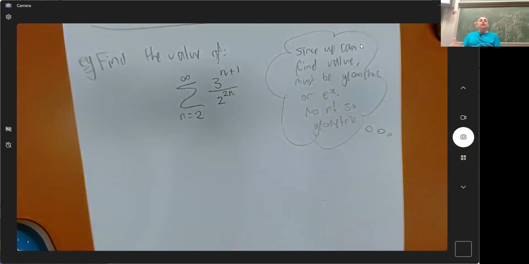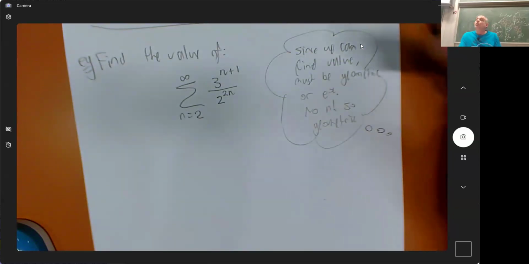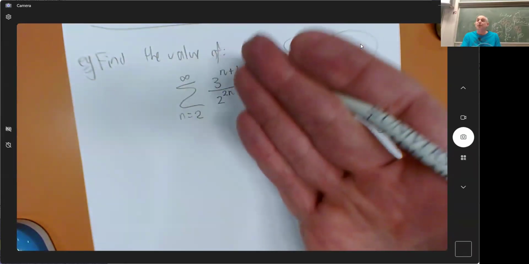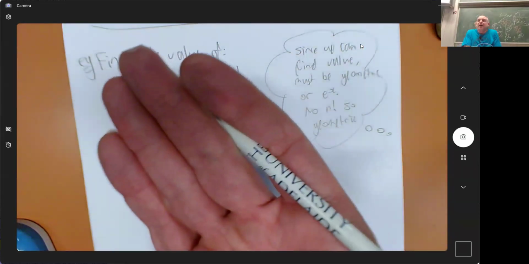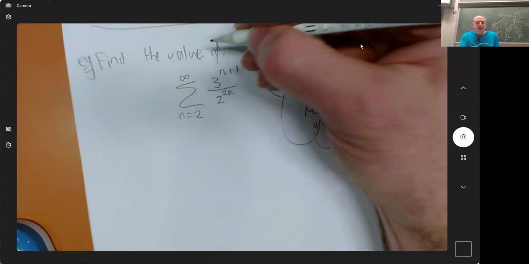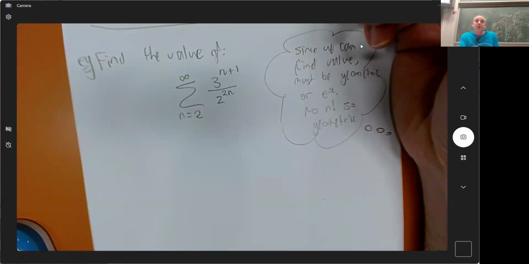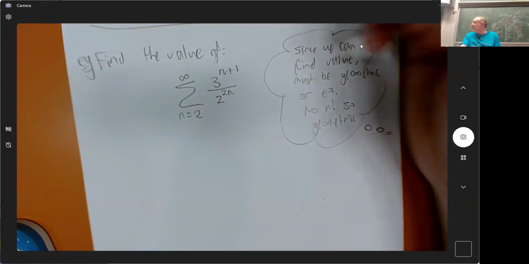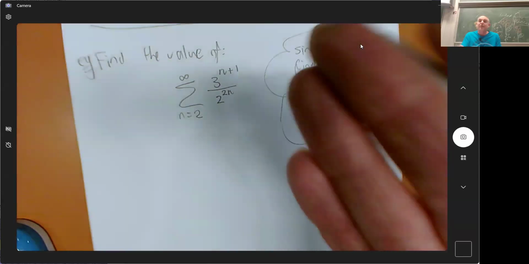Since it must be a geometric series, there's no point in doing the ratio test because we know exactly when geometric series converge, and by asking us to find the value they've implied that it does converge. If it didn't converge, we couldn't find the value. So there's no point deciding whether it converges. What we should do is just try and find the value.